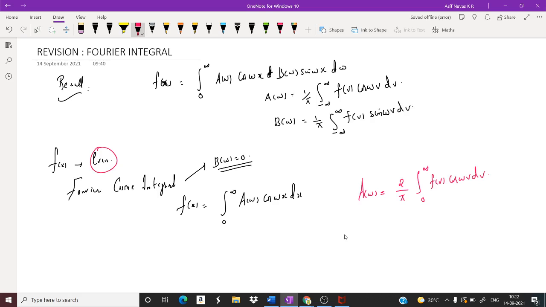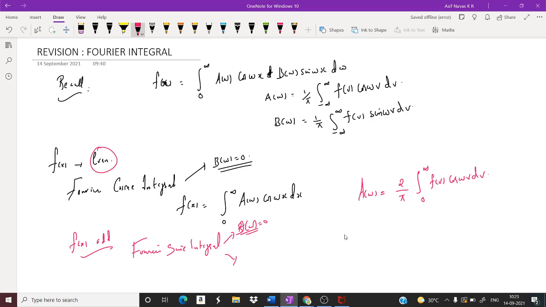Similarly, if the function f of x is odd, then we get a Fourier sine integral, which contains only sine terms. So here a of omega is equal to 0.